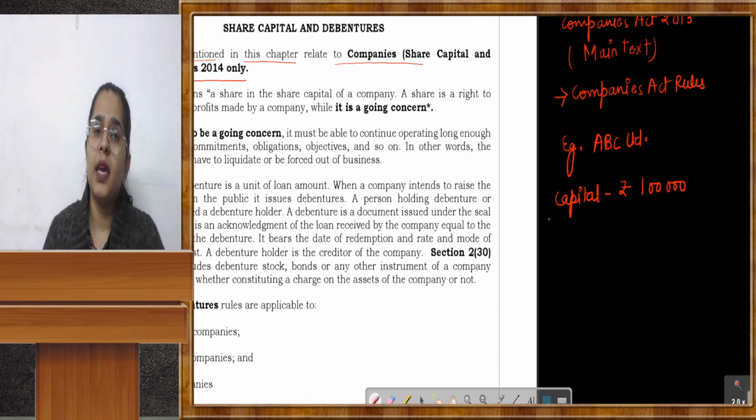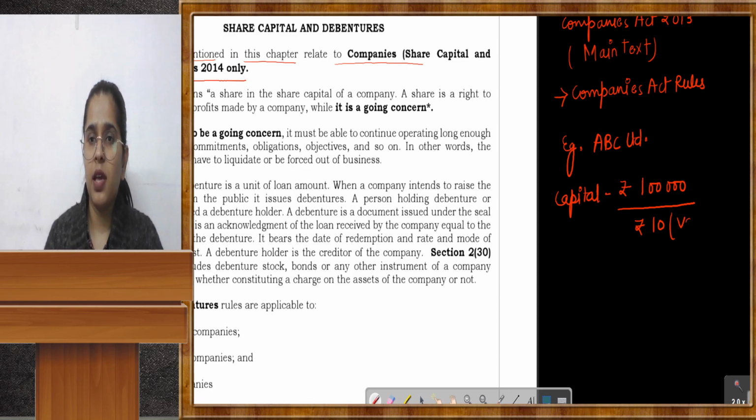Now tell me, if this company wants the public to invest in it, what will it do? It will say, okay, I will divide my whole capital into shares, and the value of one share will be 10 rupees.